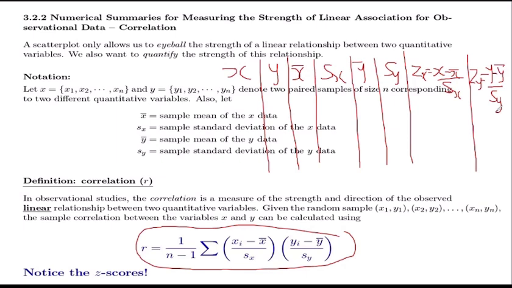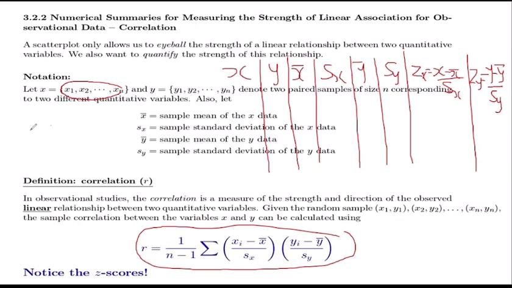Somebody said, can you please give a reminder on how to find the X bar, Y bar? Of course, how to find the X bar is adding the values together and dividing by the number. That's how to find the mean. You add the numbers up and divide by the number of observations. Then the standard deviation, of course, we have the formula that I gave.